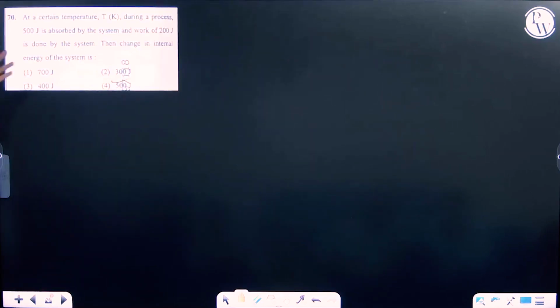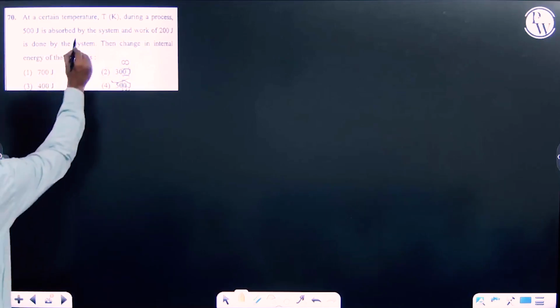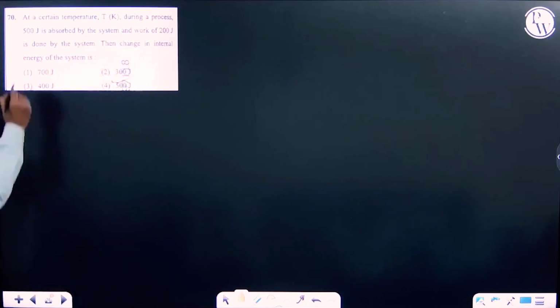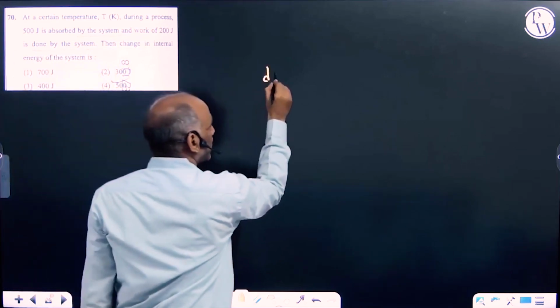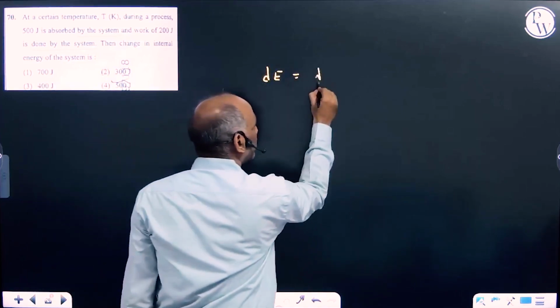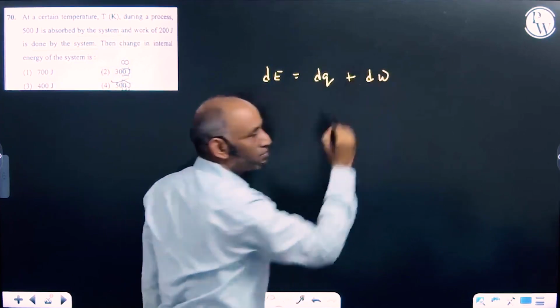Next, at certain temperature T Kelvin, during a process, 500 joules of energy is absorbed by the system, and the work of 200 joules is done by the system. The first law of thermodynamics says internal energy of the system can be enhanced by adding energy in the form of heat or by adding energy in the form of work.